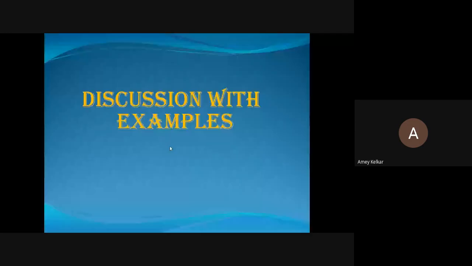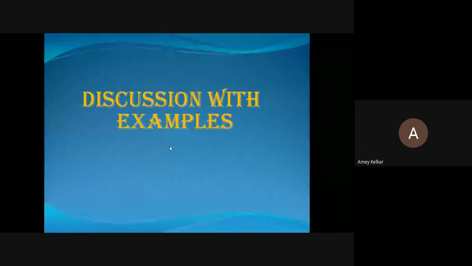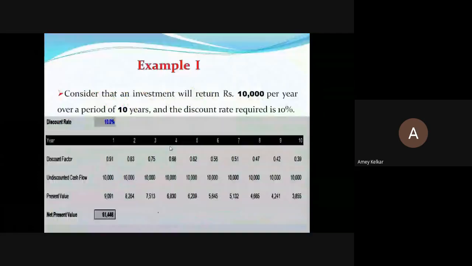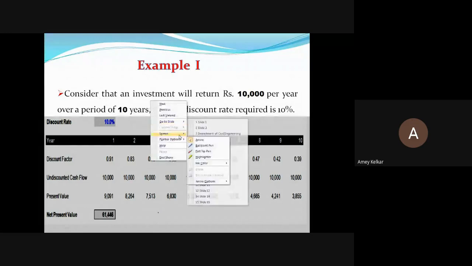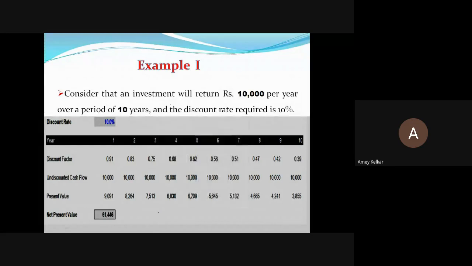So now we will take a simple example for discussion by which the idea will be cleared. Consider that an investment will return rupees 10,000 per year over a period of 10 years, and the discount rate required, that is the rate of return expected, is 10%. Now what is happening here is we have made some investment.